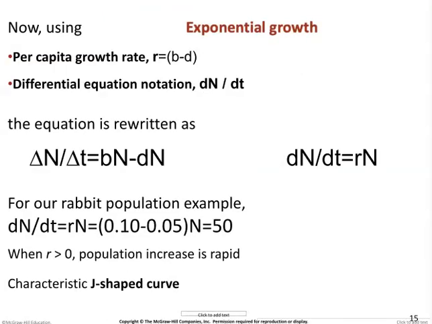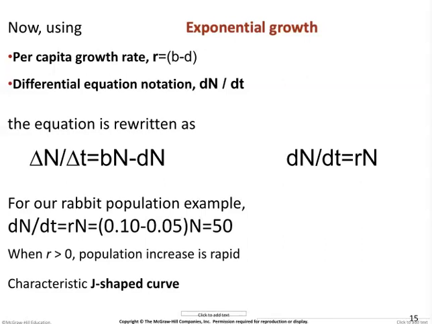So for exponential growth, the per capita rate can also be written as births minus deaths. The differential equation way is the number divided by the time. For the rabbits, we also could say 0.1 minus 0.05 times our 1,000 equals our 50.